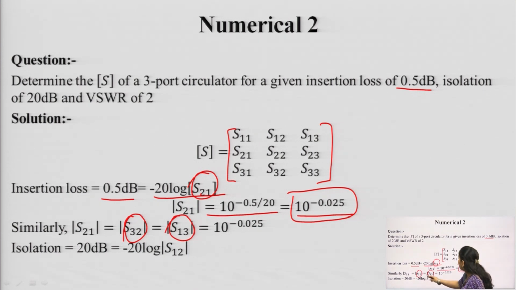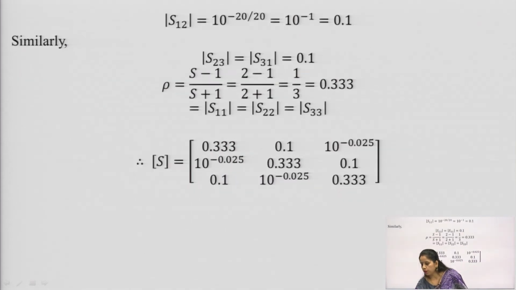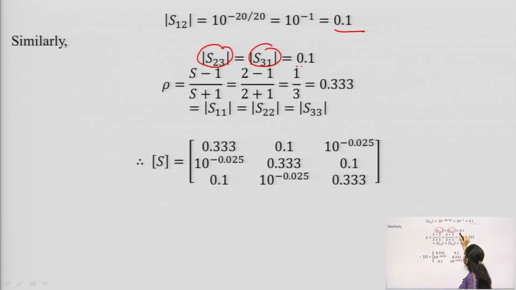So S32 and S13 should remain the same as the S21 value. Now, the isolation: isolation is 20, minus 20 log S12. We have calculated the S12 value, and the isolation remains the same between 2 3 and 3 1.